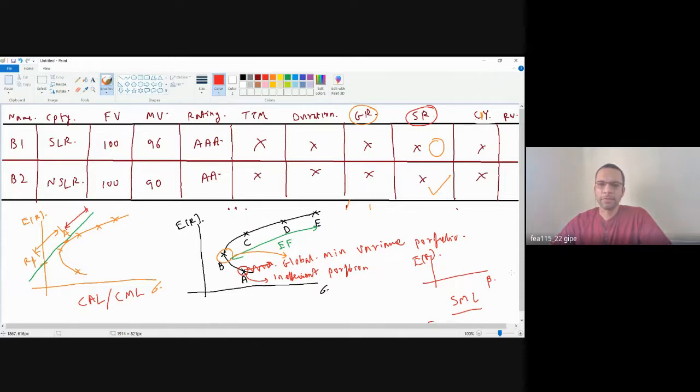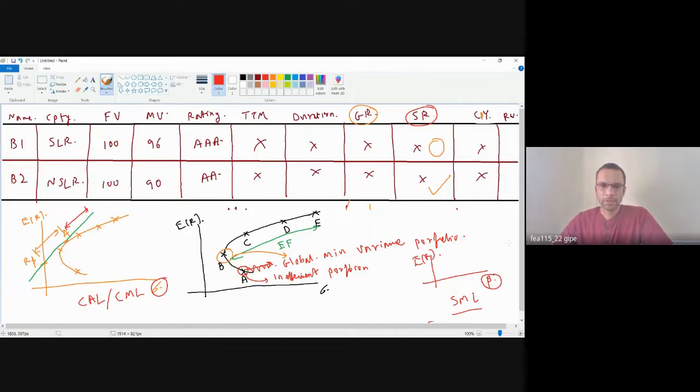So SML will be more of a relationship with beta, whereas CAL or CML will be more of portfolio risk. So here we are taking total risk into consideration. When I say sigma, it is the total risk, your systematic plus non-systematic, whereas for SML, you have a risk which is specific to a certain equity, which we call beta. So again, something similar might have been covered in your previous subjects as well.